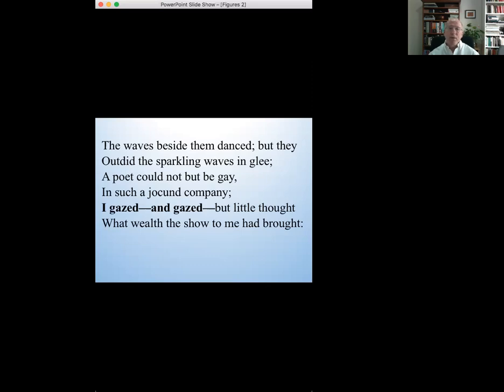"The waves beside them danced, but they outdid the sparkling waves in glee. A poet could not but be gay in such a jocund company. I gazed and gazed, but little thought what wealth the show to me had brought."